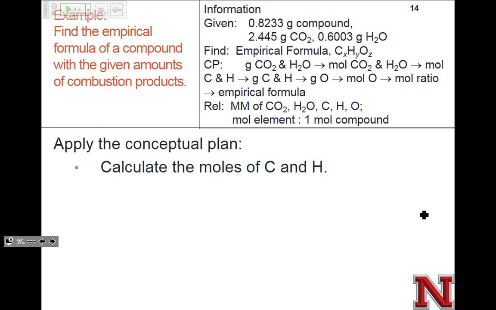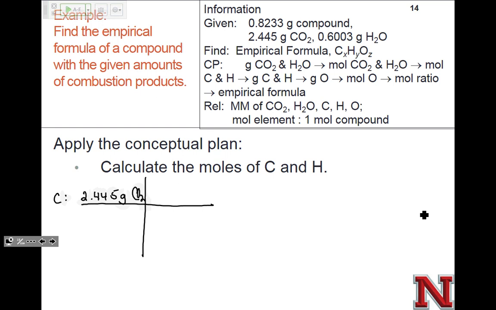So we're going to apply our conceptual plan. First, we're going to start with calculating our moles of carbon and hydrogen. So we are starting with carbon, CO2.